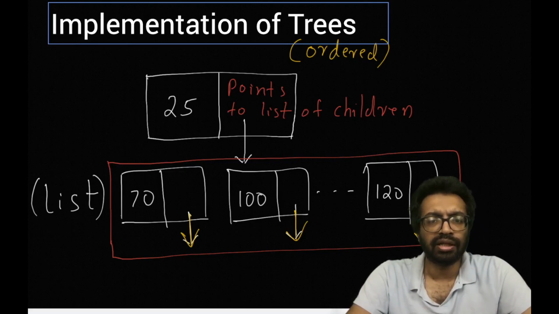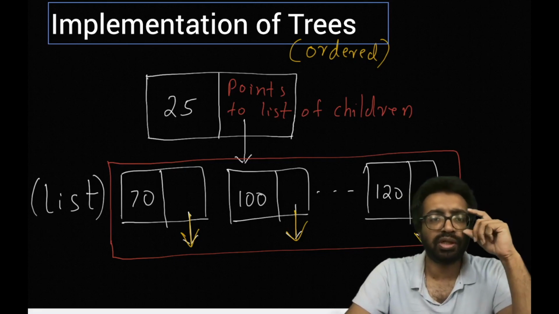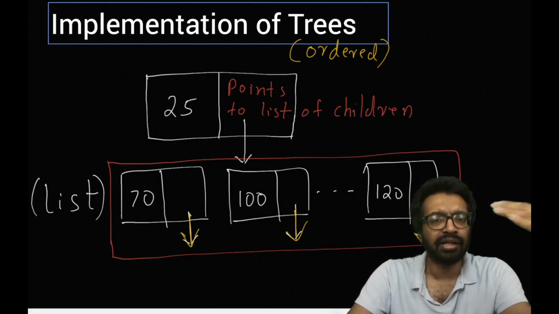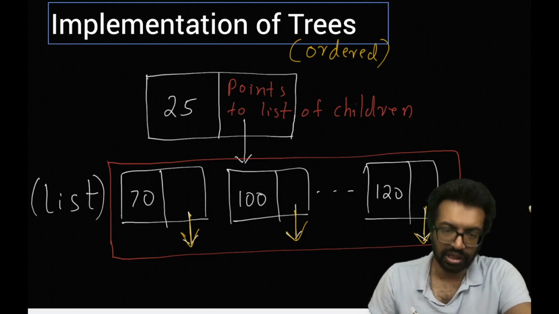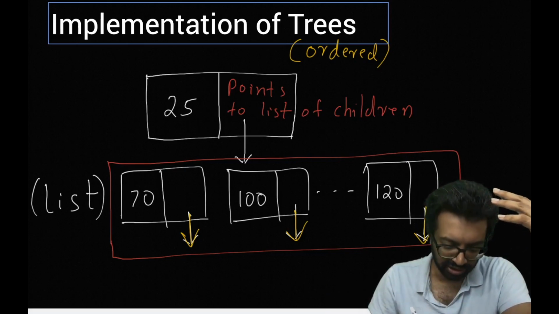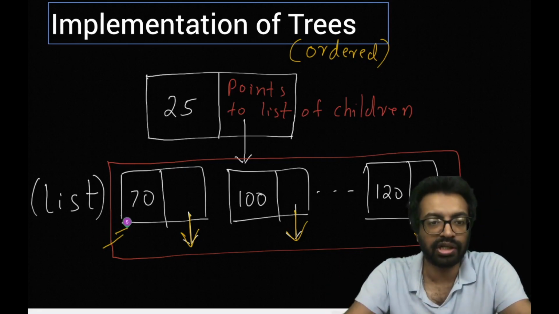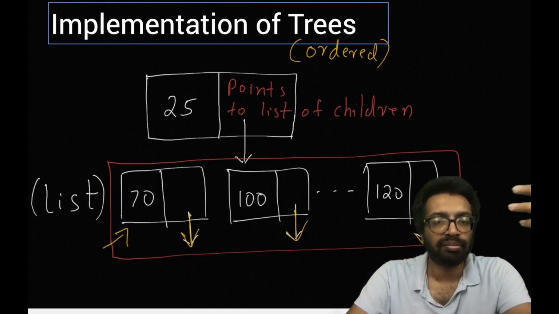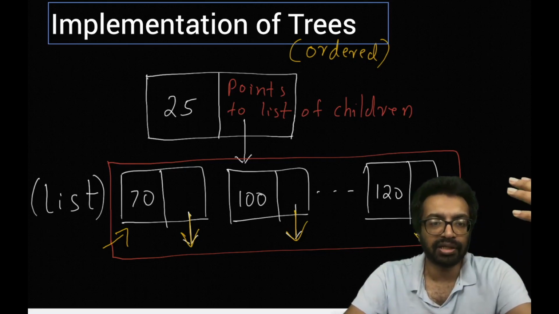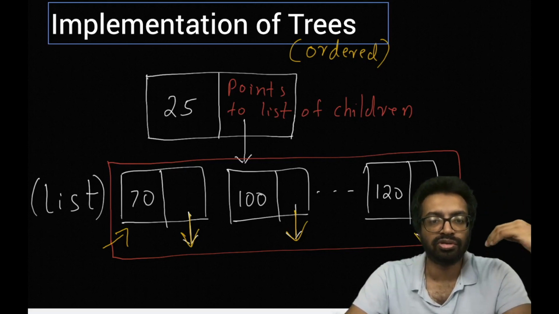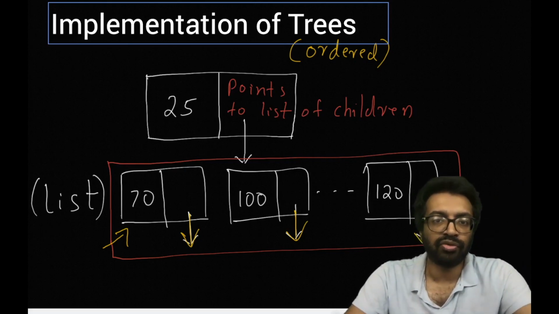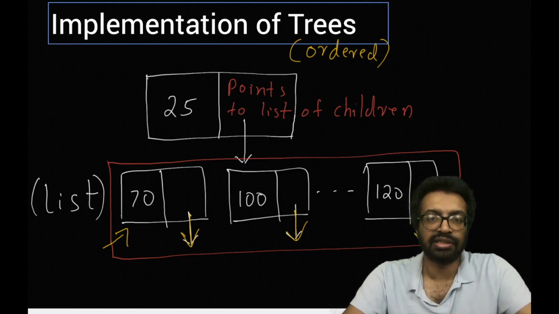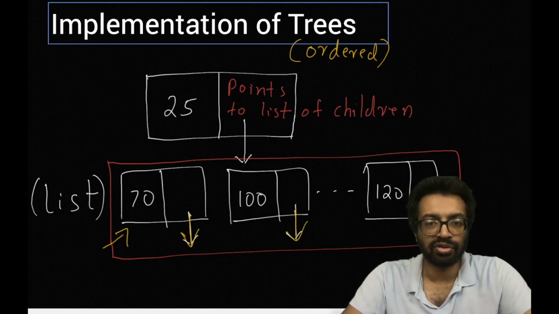Let's look at another. As you could notice, in this tree the parent information is not stored directly. So if you are at, let's say, the node or vertex 70, you don't know what its parent is. In many applications, when you are at a node, you also need to know its parent, right? So if you want to implement such applications, you would require a node to also store the parent information.